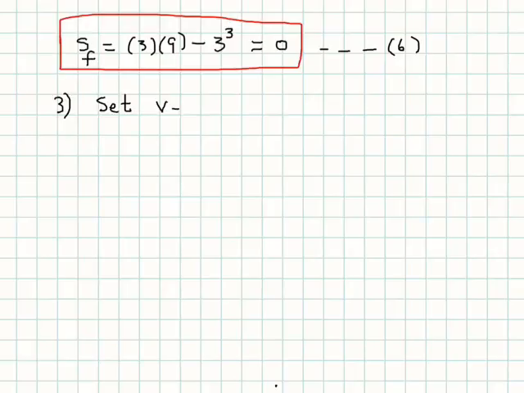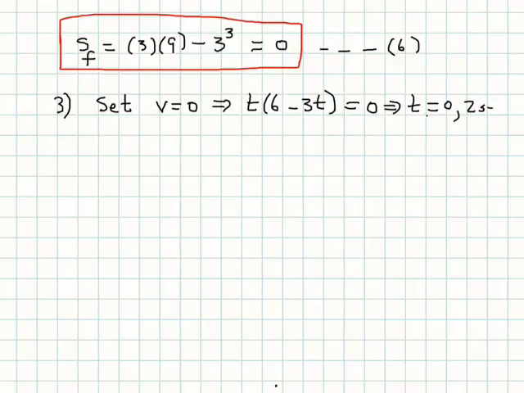And when we set v equals 0, from equation number 1, it implies that, if I just factor out the t, t times 6 minus 3t must equal 0. And the solution for this implies that t is equal to 0 or 2 seconds. I'll call this equation number 7.